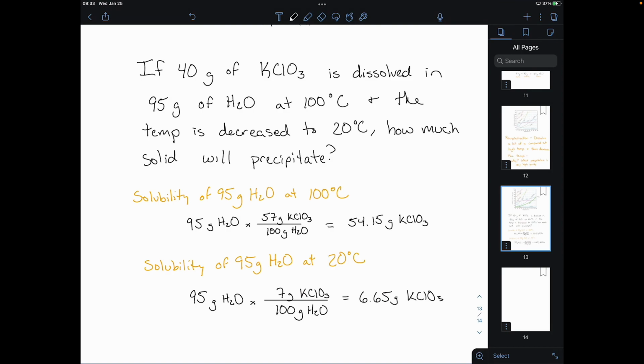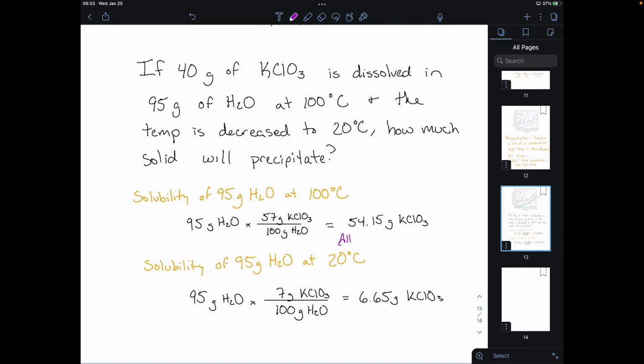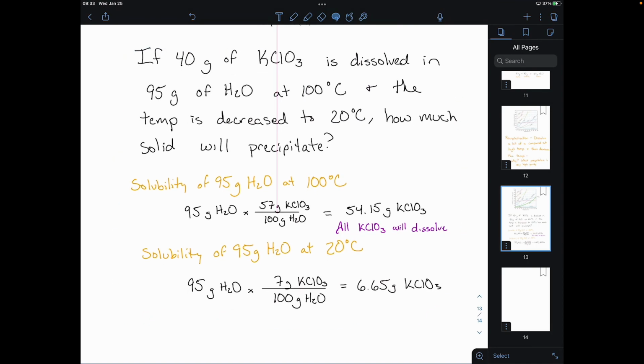So with this first calculation, we established that all KClO3 will dissolve. Okay, so given what we just did, see if you can answer the final punchline of this problem here, which is how much solid will I actually get to precipitate?